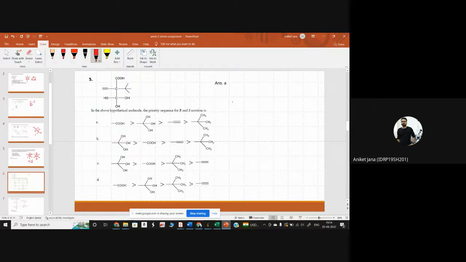Here, CO2H has COO, that is COOH, and the other group is C(OH)3. This bond we can break in this way. Here is oxygen, here the OH group will be there, and here it is as it is.